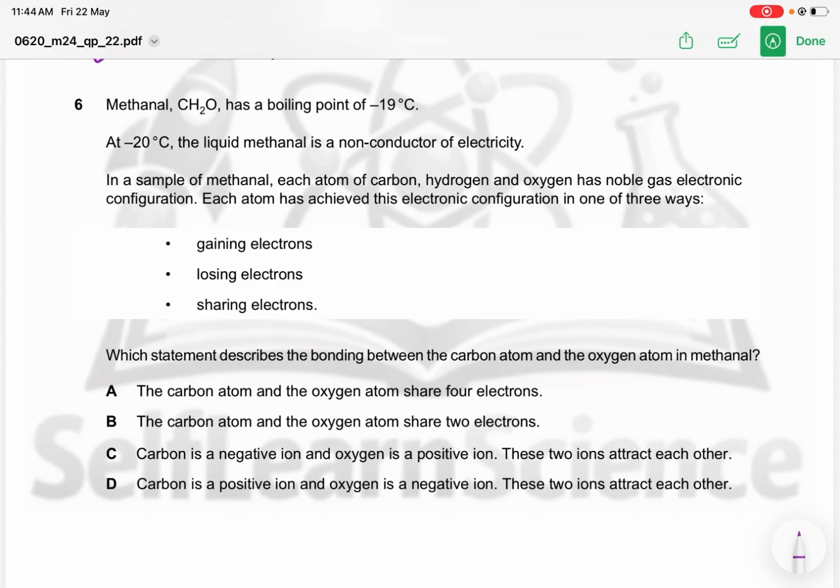Which statement describes bonding between carbon atom and oxygen atom in methanol? Out of these 3 ways, we can identify that they have shared electrons, because carbon, hydrogen, oxygen are non-metals, and non-metals have covalent bonding, which is done by sharing of electrons.